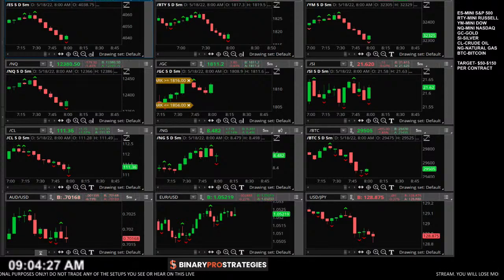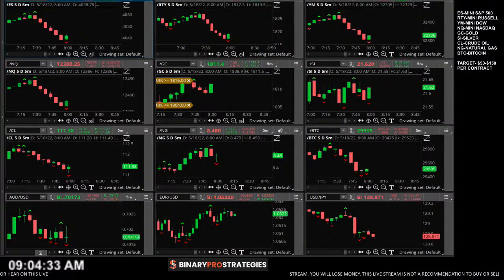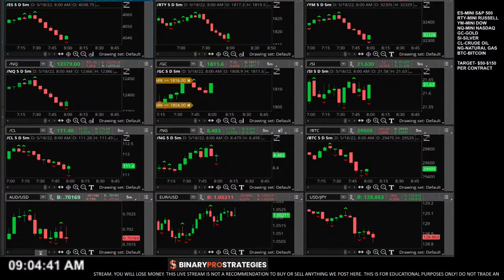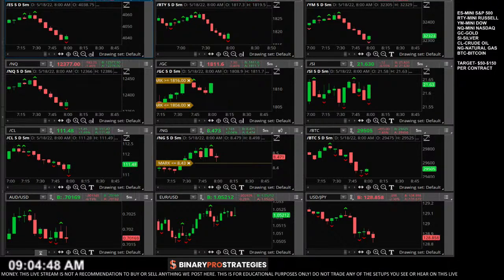Target on this natural gas is going to bring us down to 843. That's going to be our profit target, 843. And if we need to reverse before we hit target, we will reverse at 852. That means we will get out of our short and go long at 852.